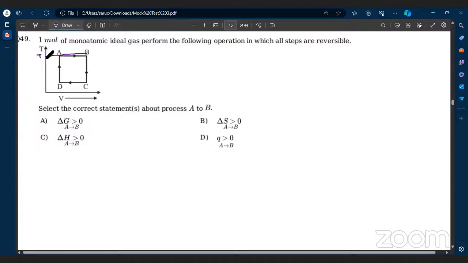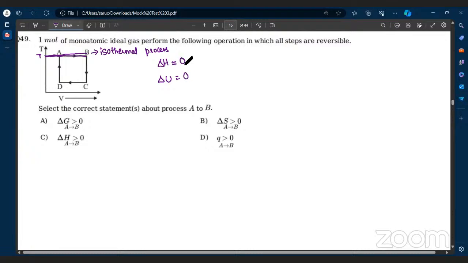For the A to B process, the temperature is constant. So what type of process is it? Isothermal. Very good. The process A to B is an isothermal process. So for an isothermal process, what would be the change in enthalpy? 0. Change in internal energy? 0.